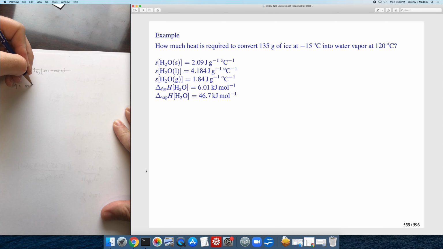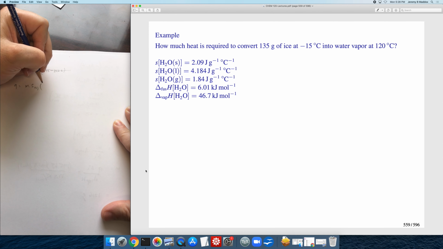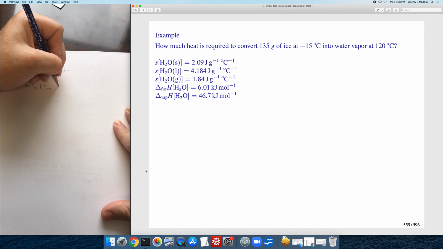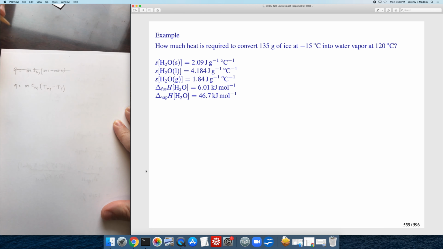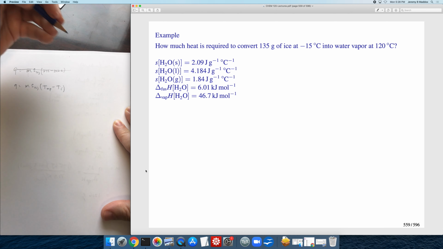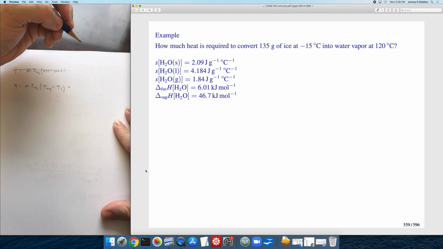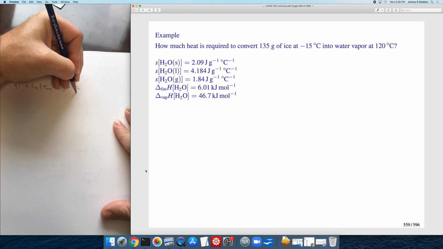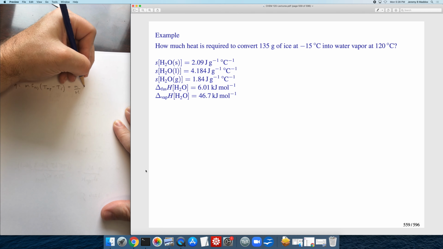So we'll take mass times the specific heat of the solid, times the melting point minus the initial temperature. This is going to heat us from the ice at minus 15 degrees Celsius to the melting point. Then we're going to melt that ice, so we're going to take it times the enthalpy of fusion for the water.